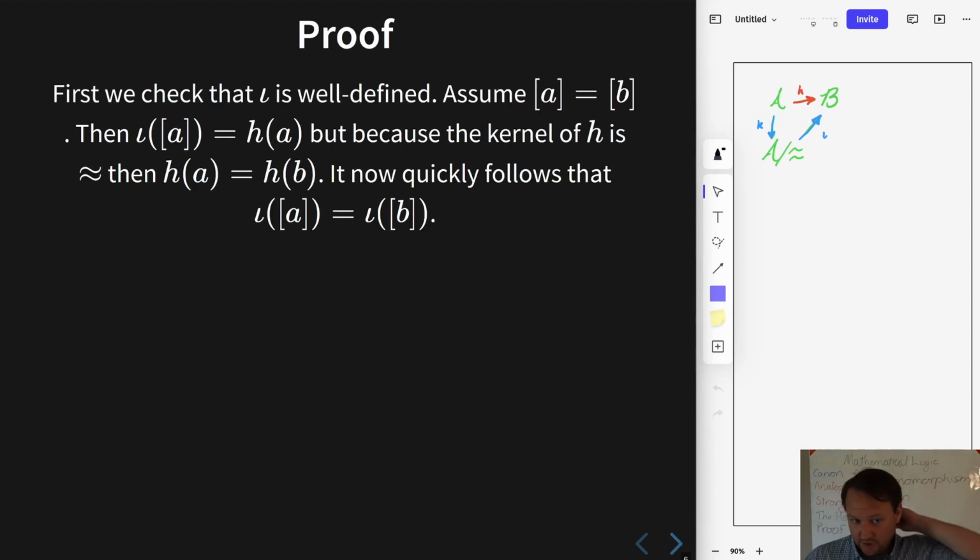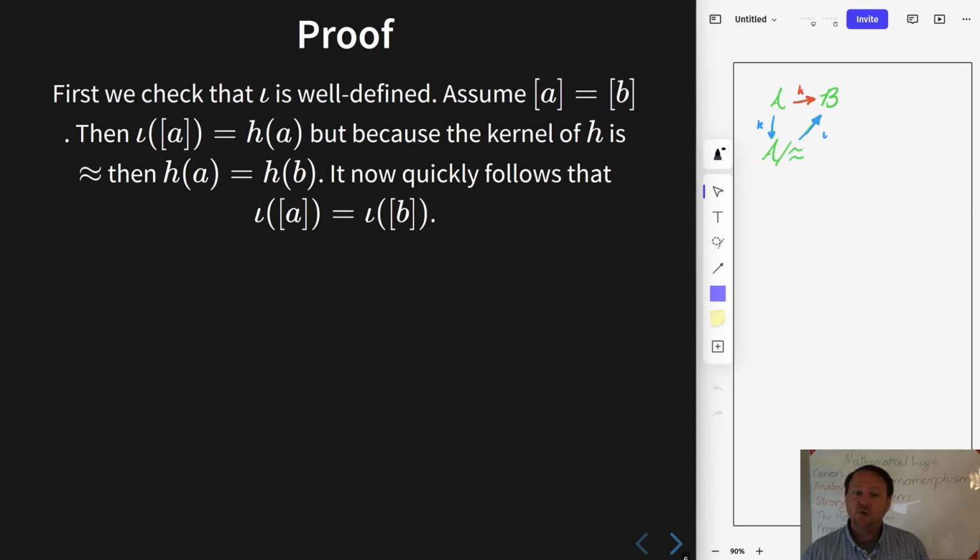I want to first show that iota, so defined, is well defined, because anytime your domain is a set of equivalence classes, you do have a legitimate worry about whether or not this is even a well-defined function.